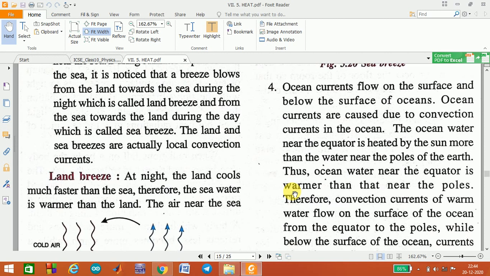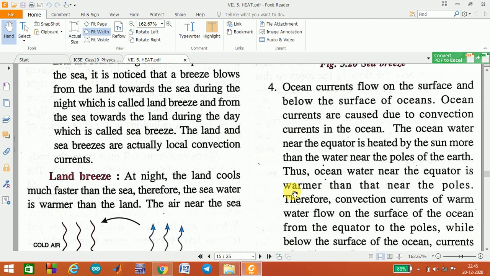Then the water near the equator is warmer than that of the poles. Therefore, a convection current of warm water flows on the surface of the ocean from the equator to the poles, while below the surface of the ocean, currents of cold water flow from the poles to the equator.